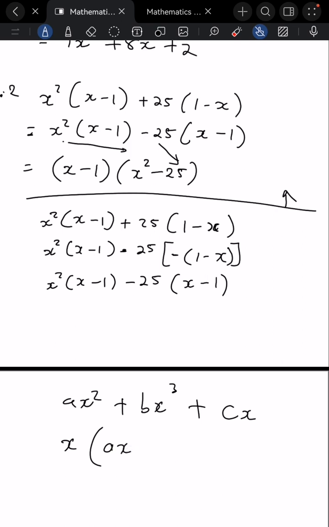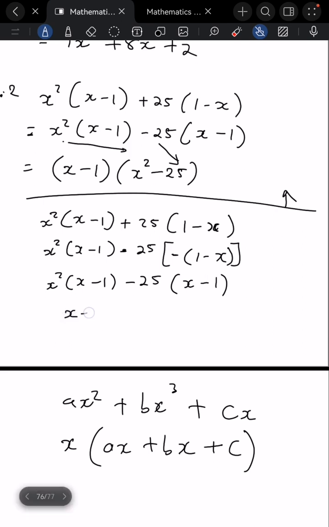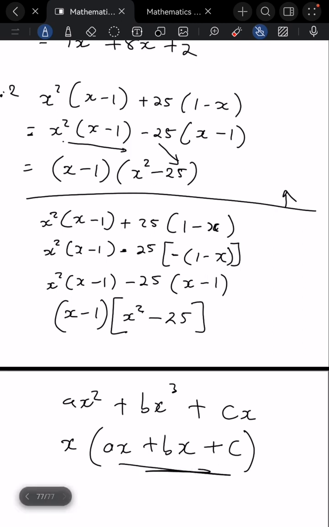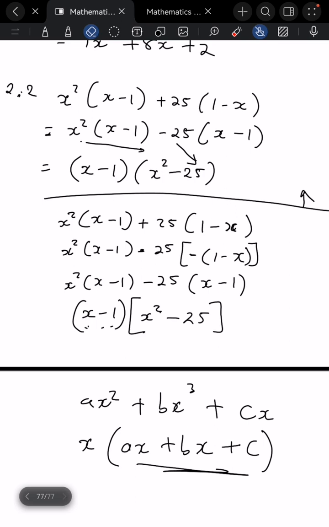Inside I'll have ax plus bx plus c. By factorizing, here I am factorizing. I'm saying x minus 1, put it outside. So what do I have? I have x squared minus 25 when I am factorizing. It is simply this. It's just that this one comes with 2 things, so it becomes a bit complicated. But this is the solution to these questions. This is 2.2.